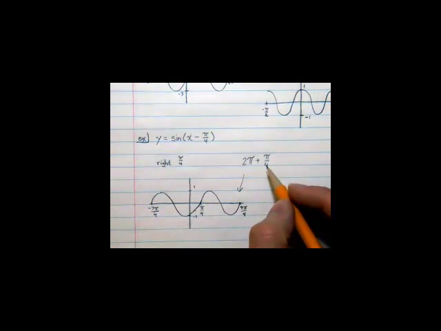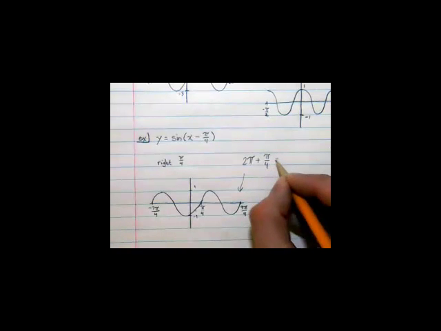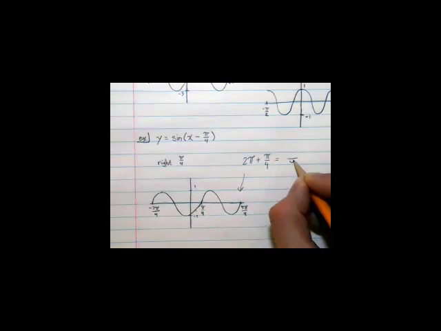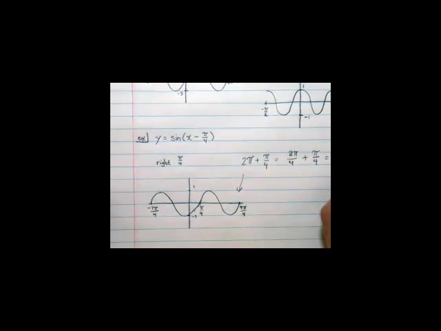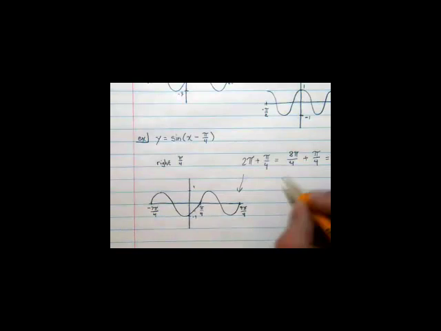And what do I need if I'm going to add fractions together? Okay, so 2 pi is the same thing as 8 pi over 4, right? Because 8 divided by 4 is 2. So if I take 8 pi over 4 and add pi over 4 to it, I get 9 pi over 4.